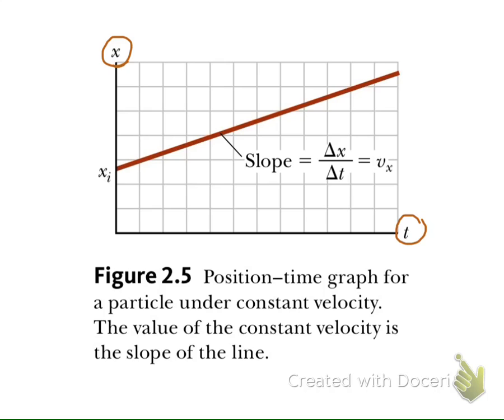And if you calculate the average velocity over any time interval, like in this interval or in this interval, you will get the same value as we discussed before. So this is the character of the motion of the particle under constant velocity.